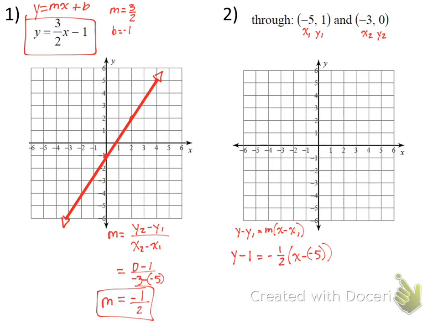Okay, and then we simplify, so we get y minus 1 is equal to -1/2 x. -1/2 times -5 is +5/2. Add 1 to both sides. So I'm adding 2/2 to both sides. So y is equal to negative 1/2 x plus 3/2.